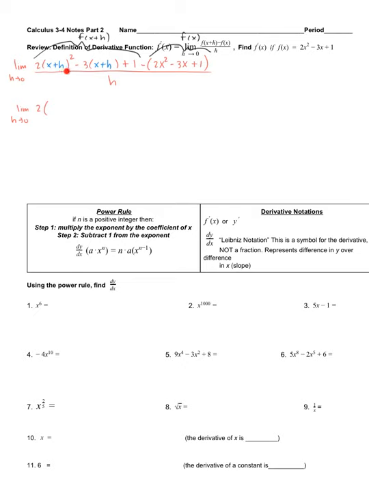When we square x plus h, remember we get x squared plus 2hx plus h squared. Now moving from left to right, we distribute this 3 and we get minus 3x minus 3h. Then we have a plus 1 to bring down. And now we distribute this negative.